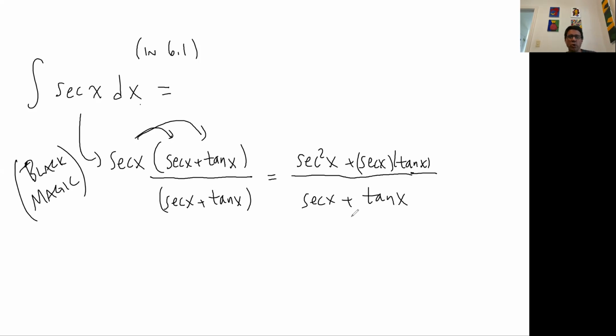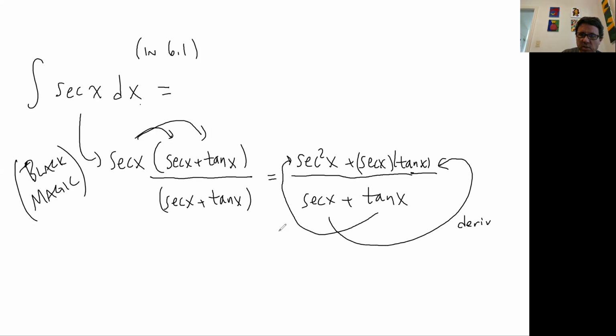And now here's why you want to do this: the derivative of secant is secant tangent, and the derivative of tangent is secant squared. So I can rewrite this integral as secant squared plus secant tangent, divided by secant plus tangent.